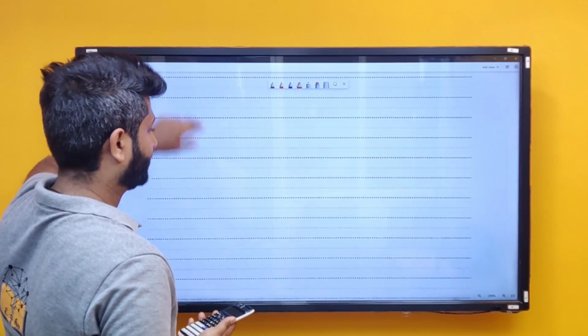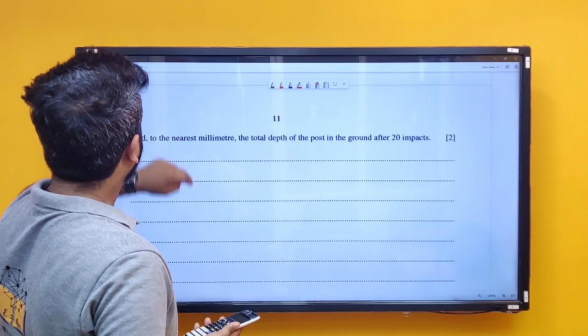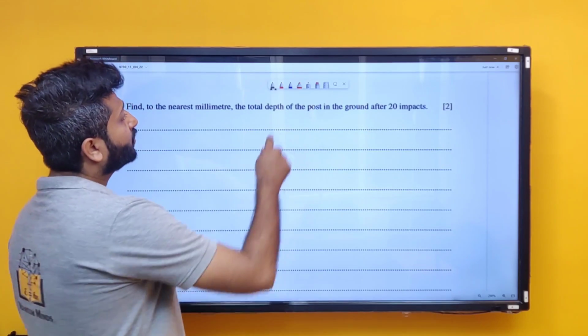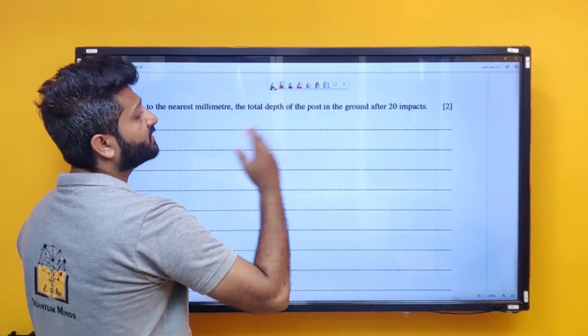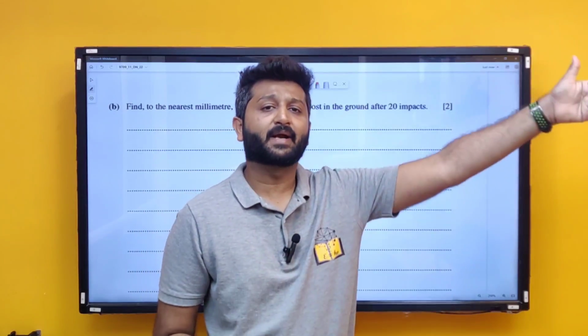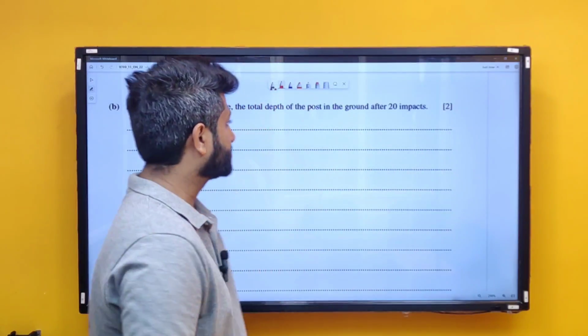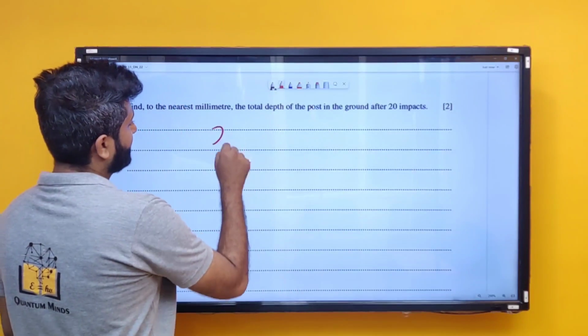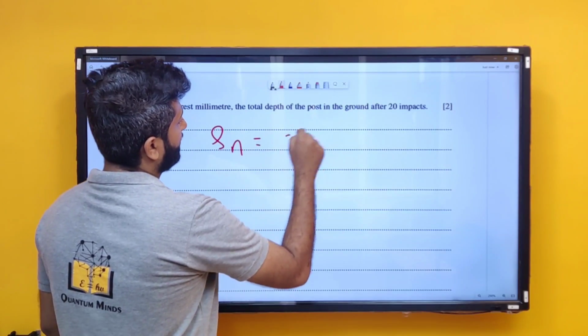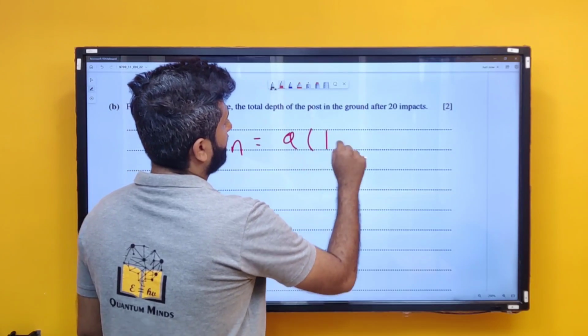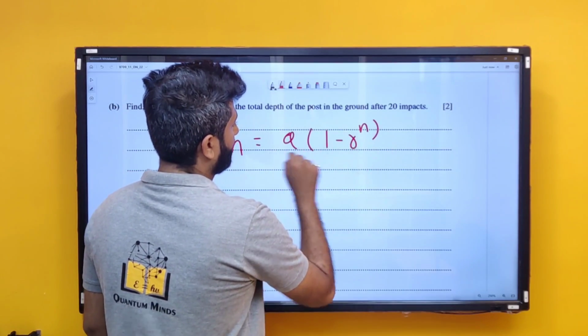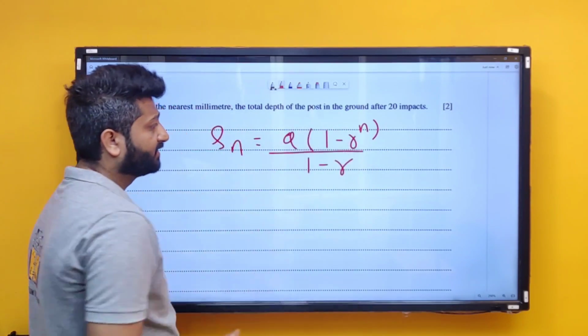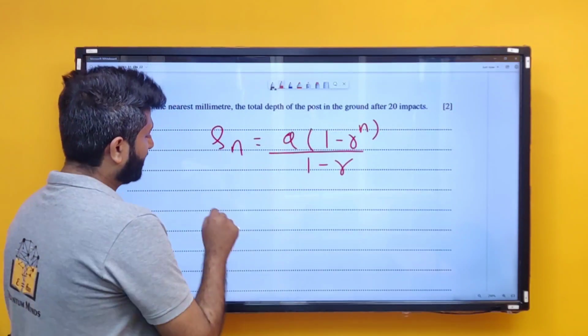Next, find to the nearest mm the total depth of the post in the ground after 20 impacts. So we have to use the formula of sum. So Sn is given by A into 1 minus R power n upon 1 minus R. The value of first term is 50.